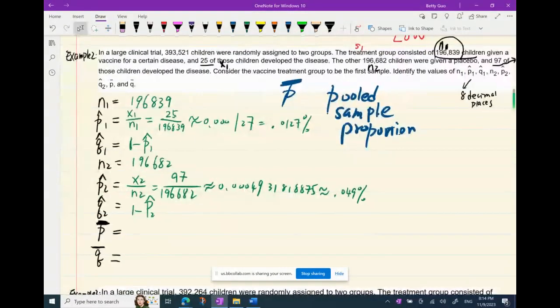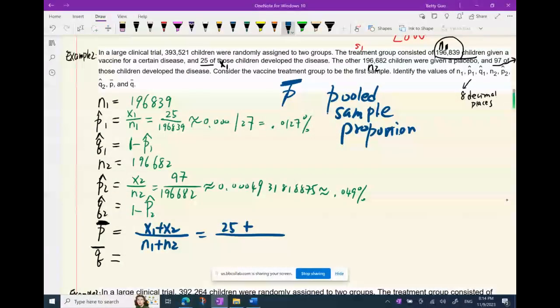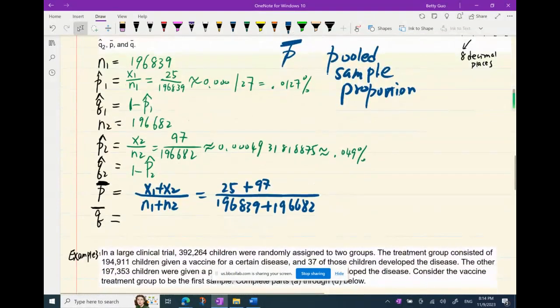Anyone remember the formula? I really think if you understand the concept, the formula is pretty straightforward. Right? 25 plus 97 all over the sum of the sample sizes. I believe you know how to get that done.